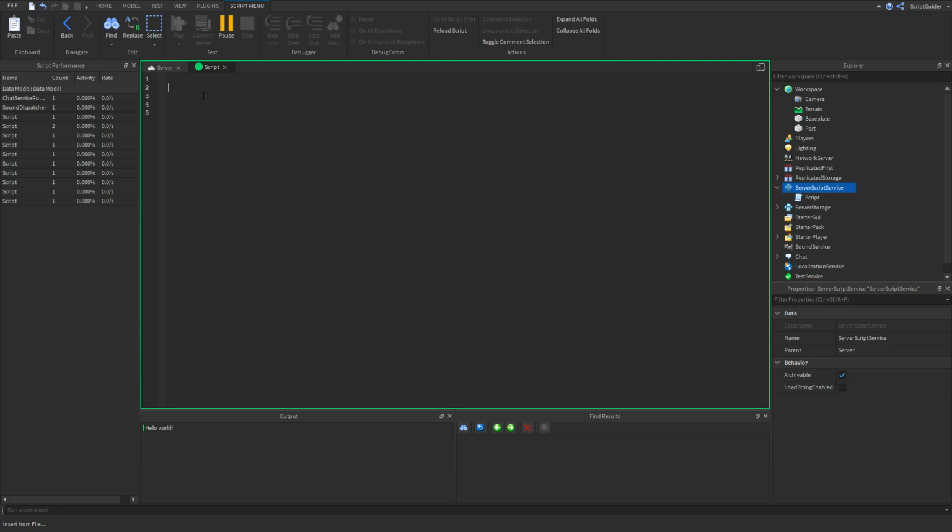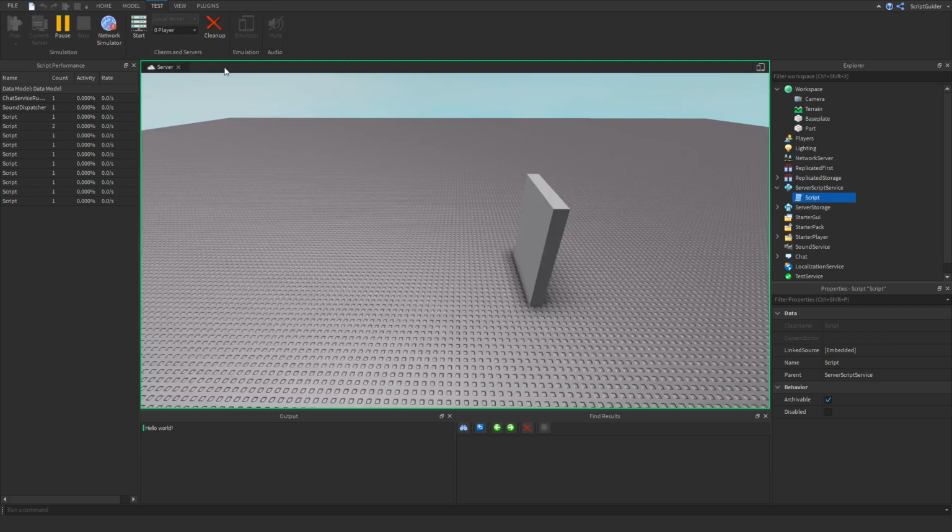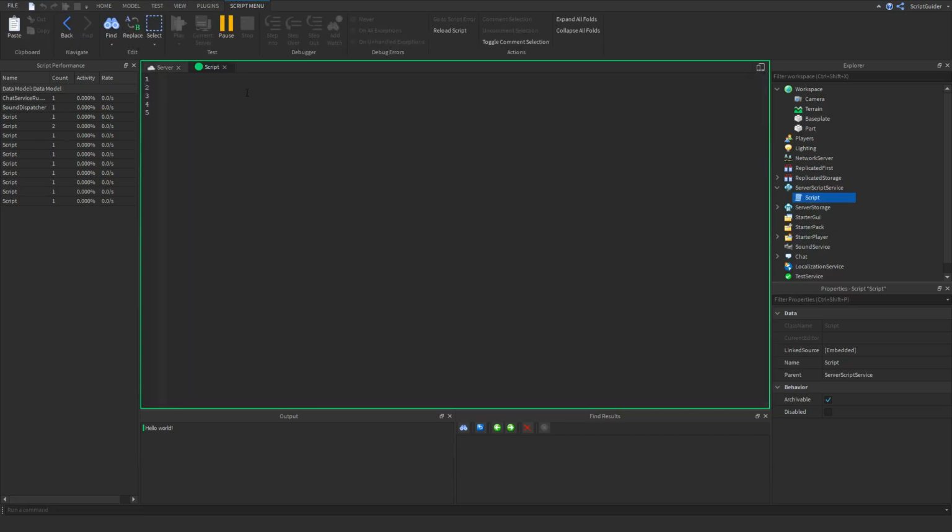This is actually a lot less to type, a lot less to code, which is good. So it's still going to be based on time, so I'm still going to get run service. Get service, run service. That is not what I typed. Run service. Get part.